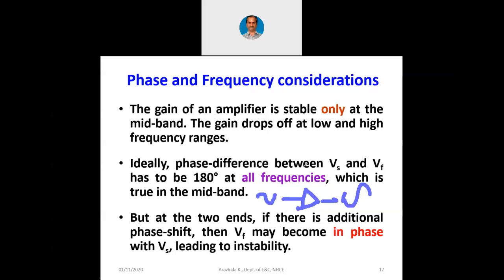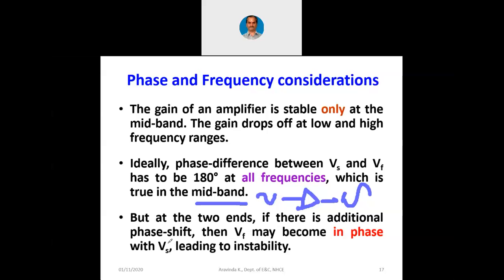This is only at the mid band, where there will be a 180 degree phase shift. Now at the other two ends, at the lower frequency side and the higher frequency side, if there is additional phase shift because of the circuit's non-idealities, then the feedback voltage may become in phase with the input voltage. What happens if the feedback voltage becomes in phase with the input voltage?